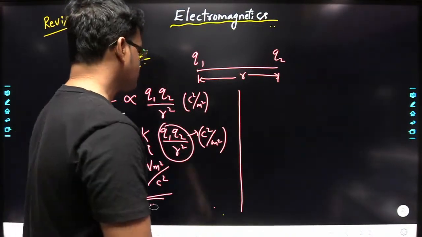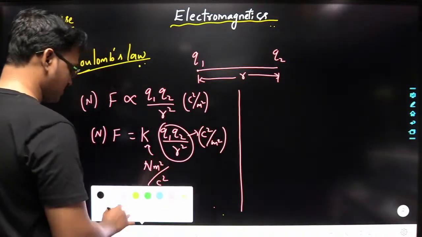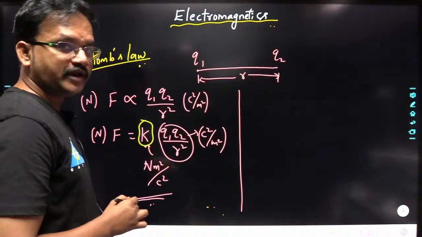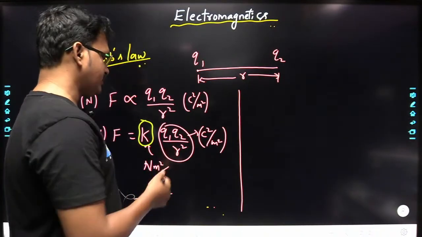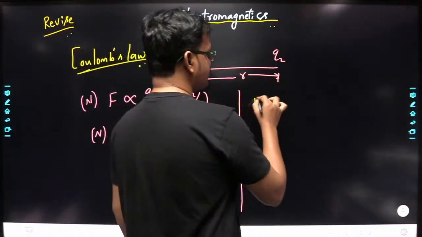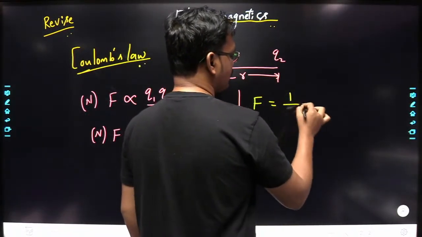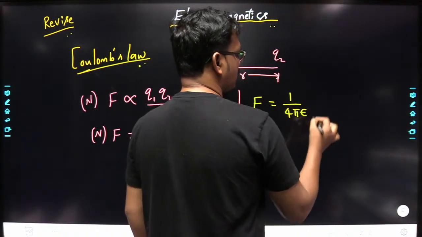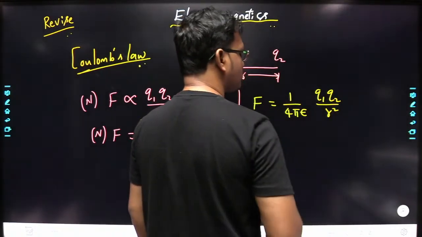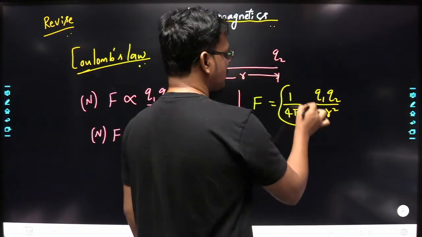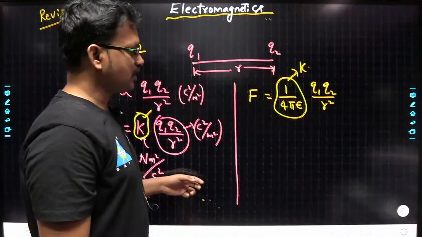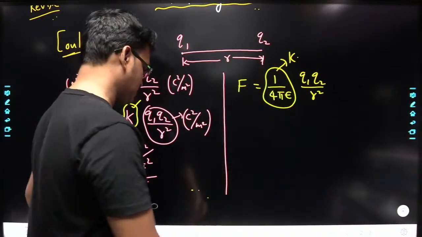So in the proportionality constant K, we have included a medium parameter, because the force between the charges also depends upon the medium. So F is equal to, in place of K, 1 by 4 pi epsilon, Q1 Q2 by R square. This is nothing but the proportionality constant K. So in K, we have included the medium parameter, that is epsilon.